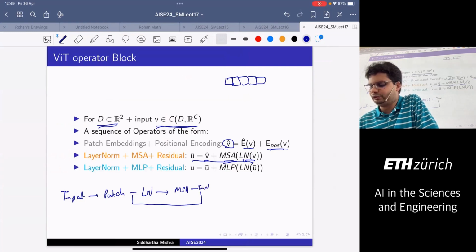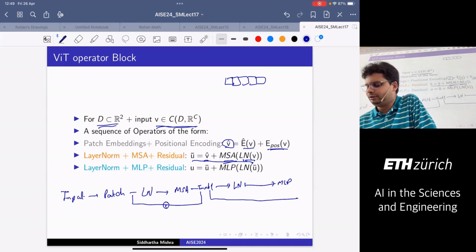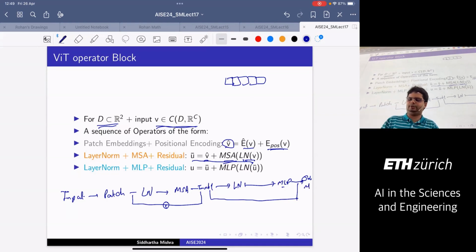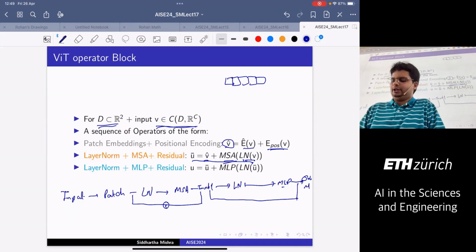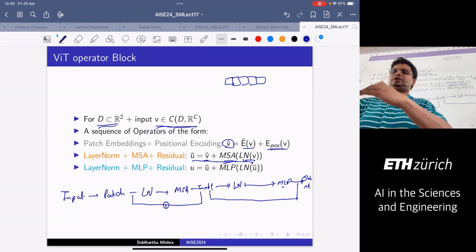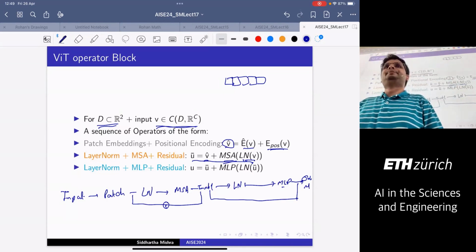Then this goes through a plus. Then it goes through a layer norm again, then an MLP. And then again, another plus here. And this is your final output. So this is how it looks, right? I should have drawn this before, but you get the sense. And you have to stack several of these.